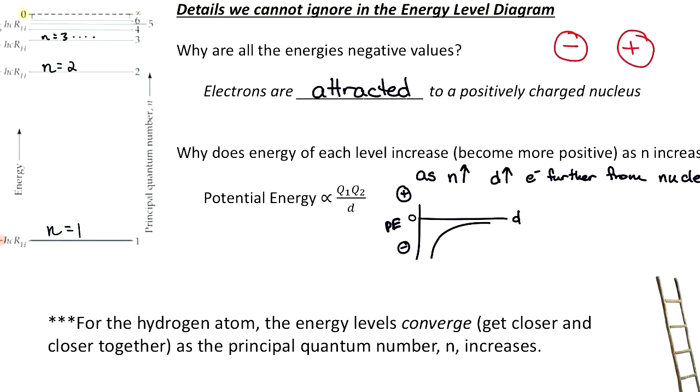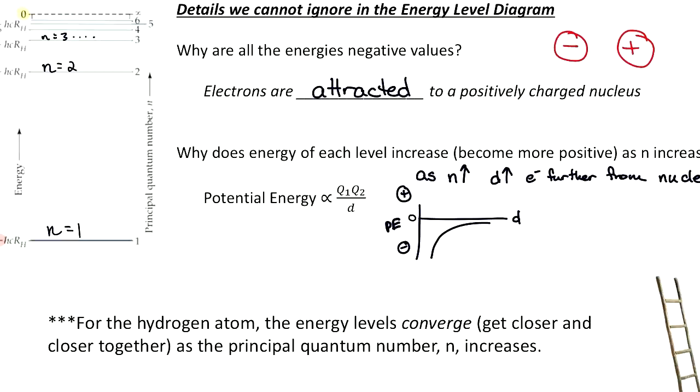Do we call that repulsion or attraction? Attraction. So when we talk about attraction, that means we're looking at the bottom part of this graph. Remember, this bottom part of the graph is negative potential energies. Negative potential energies describe attractions. So that's why all of these values are negative, where the lowest, most stable ground state energy level is the most negative, but higher energy levels start to approach 0.